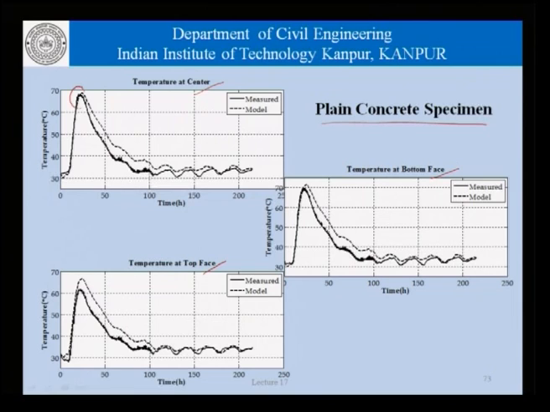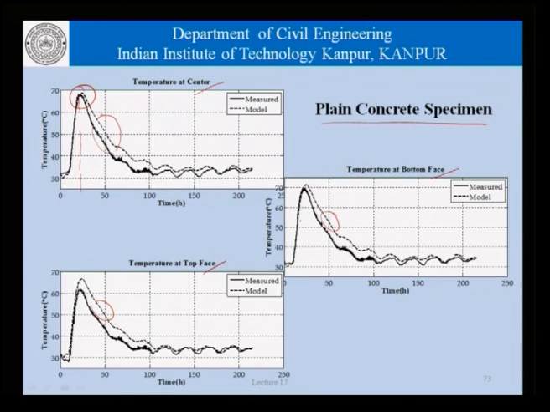One is the peak temperature itself, what is the number. The second is the time at which it is reached, and of course, then we have these rates or the variations during the cooling phase and the heating phase.